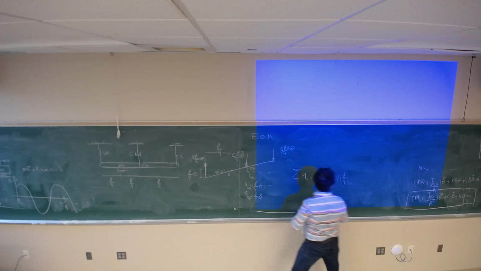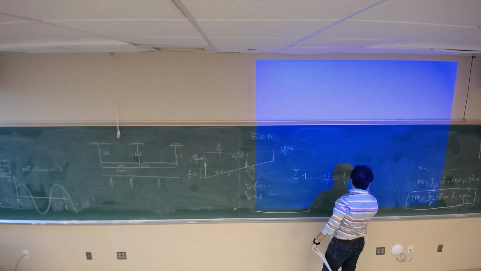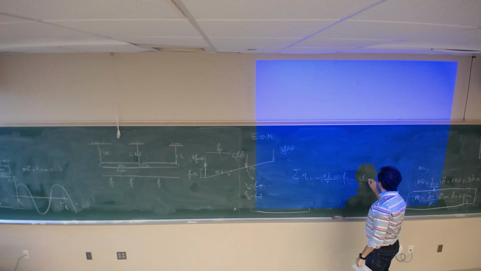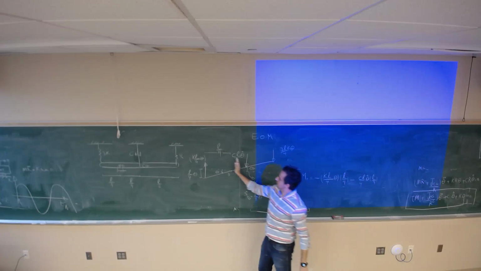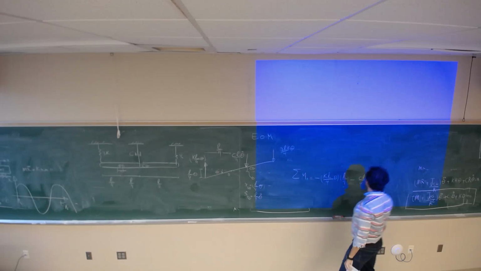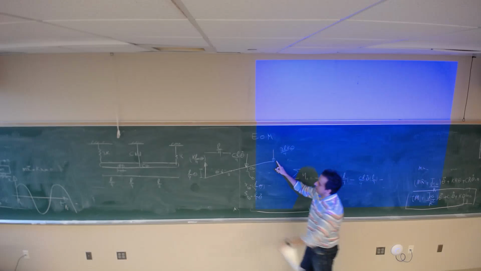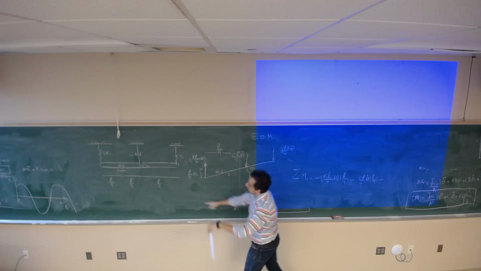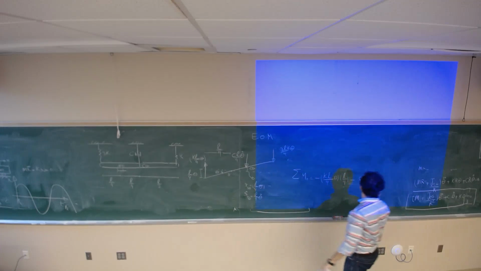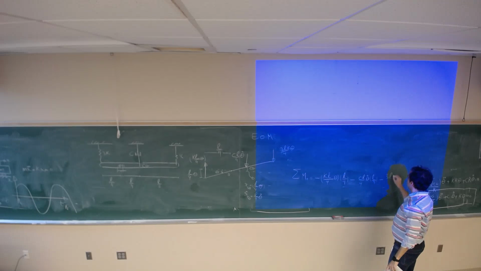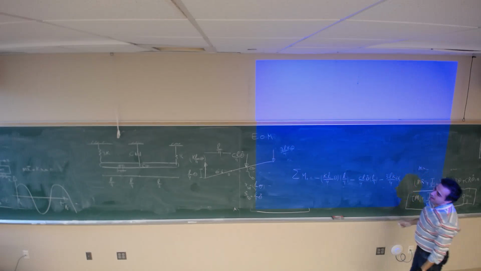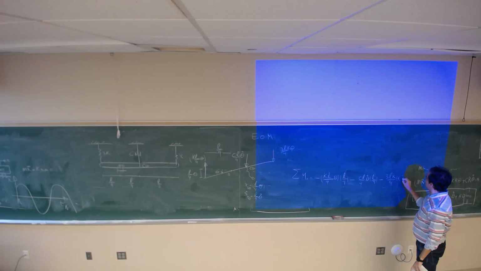Force, which is C L over 4 theta dot, times L over 4 distance. And this force times this distance is making clockwise rotation, negative 3 L K over 4 theta times 3L over 4.